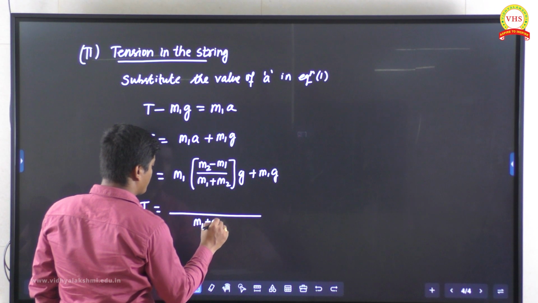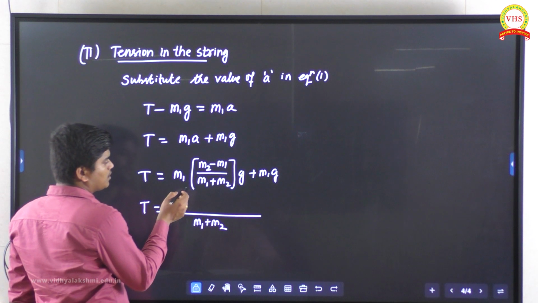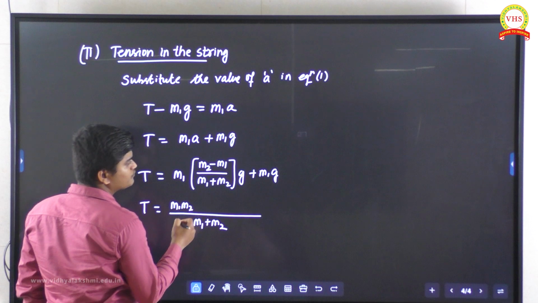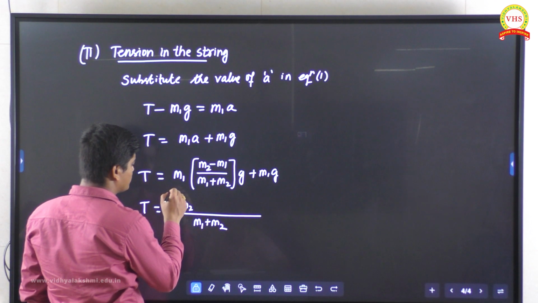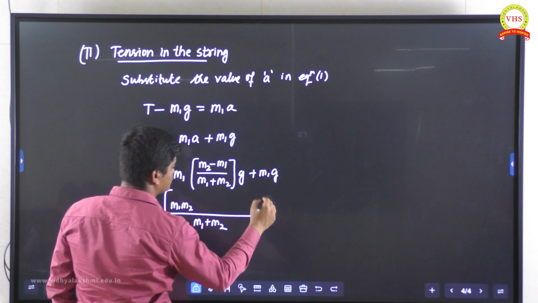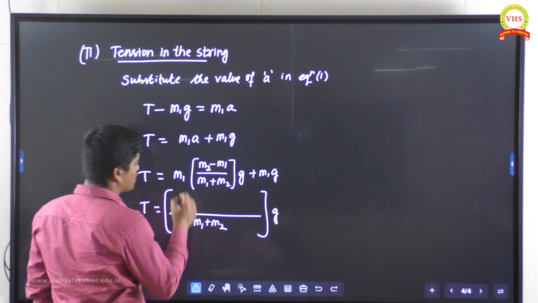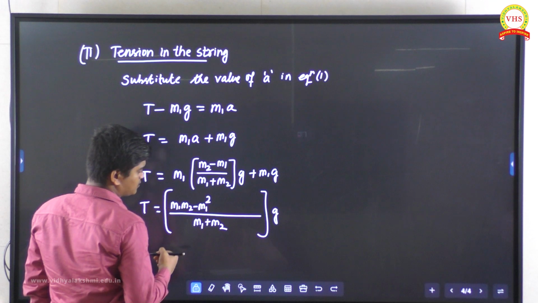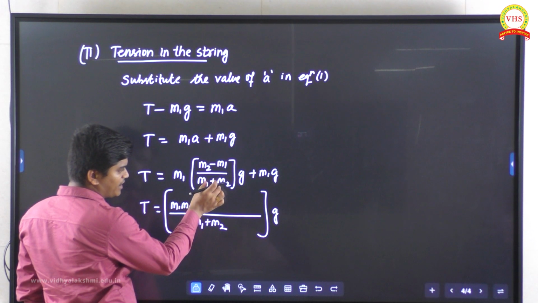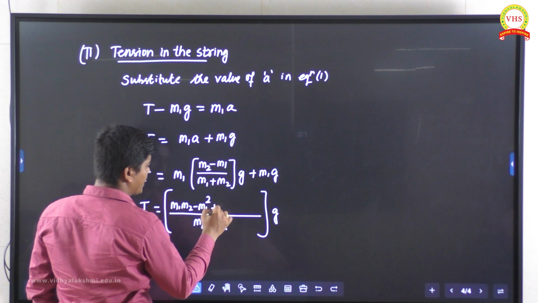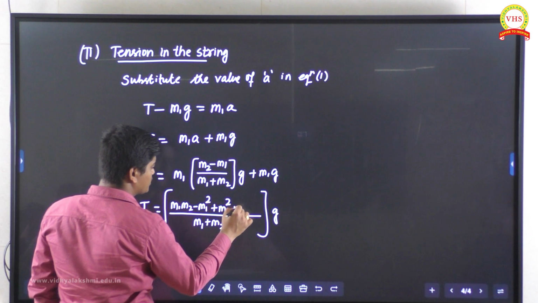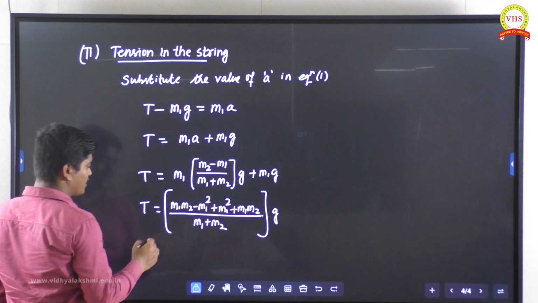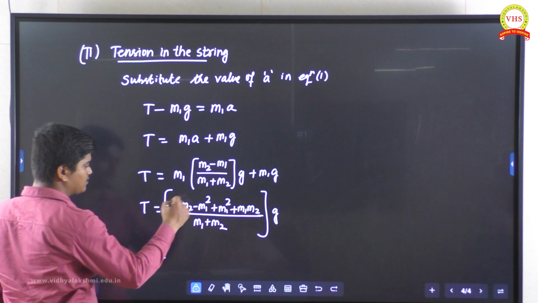Take G common also. M1 will multiply with M2 minus M1, giving M1M2 minus M1 square. This LCM will multiply there, giving M1 square plus M1 into M2. Now minus M1 square and plus M1 square will get cancelled.